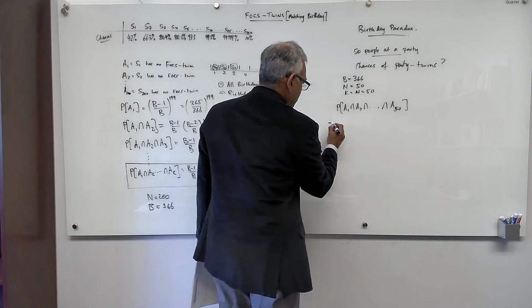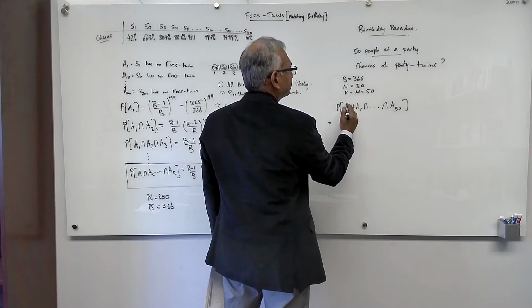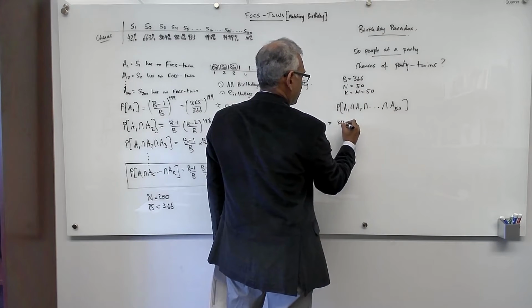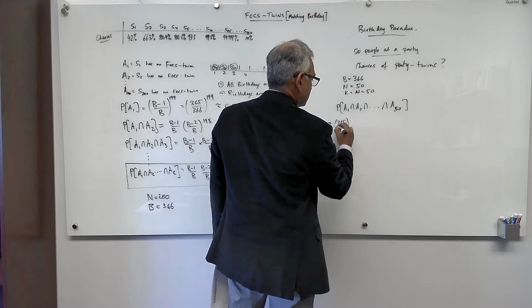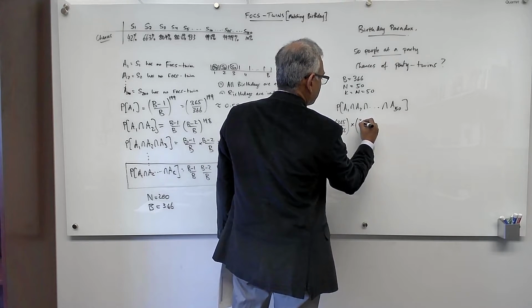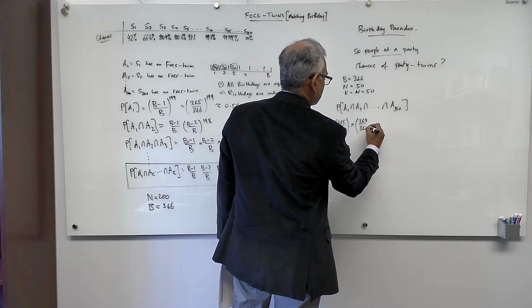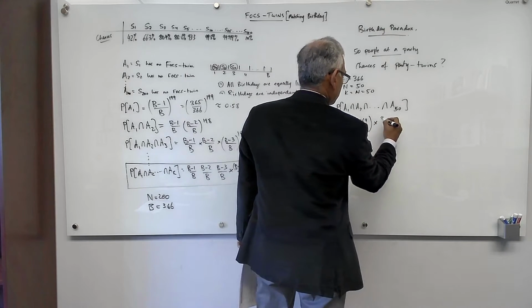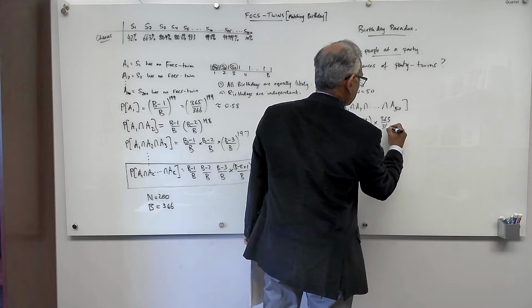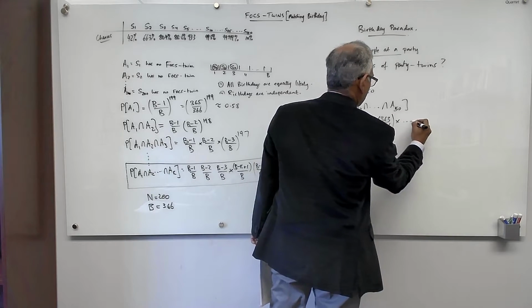And so this is equal to 365 over 366 times 364 over 366 times 363 over 366 times, and so on.